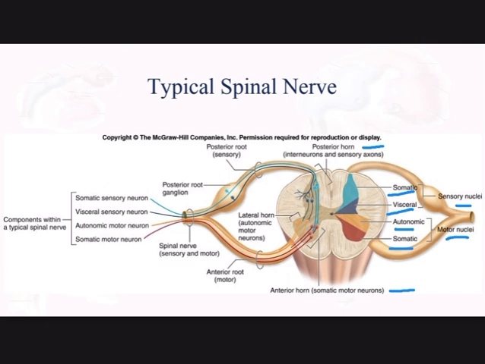From the posterior horn we have a root, the posterior sensory root, and this is the ganglia. From the motor, the lateral horn, we have the anterior root, which carries motor signals back and forth, and then the spinal nerve. A spinal nerve has both sensory and motor, and it divides later on.